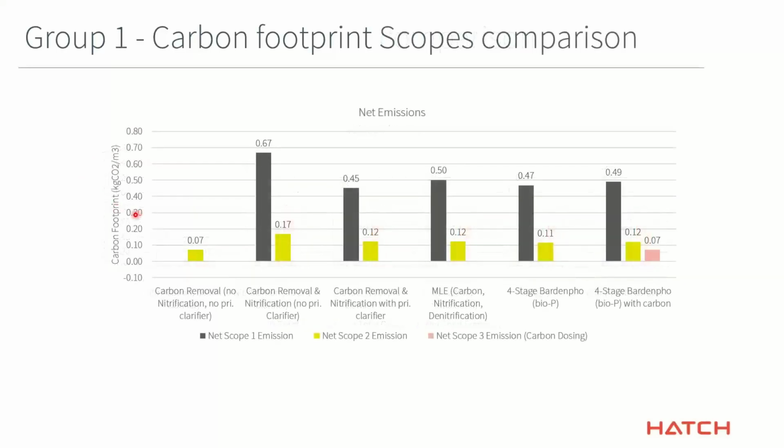Again, looking at what makes up these emissions, here we have net scope 1 emissions, which is mostly energy consumption. When we go for nitrification, there are process emissions which contribute a large amount of this, and the energy consumption not as much. So we can see that the energy consumption stays quite similar throughout the system.